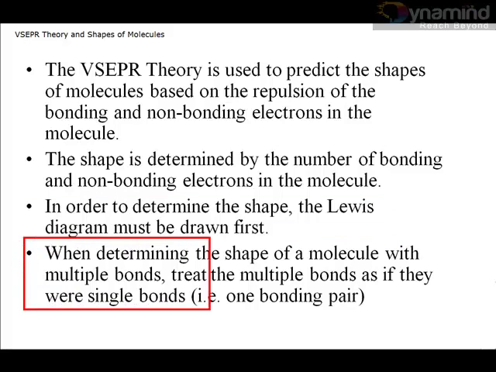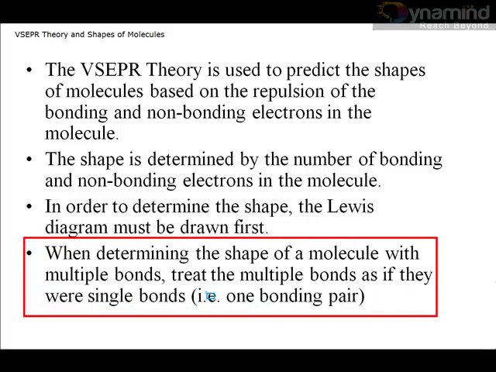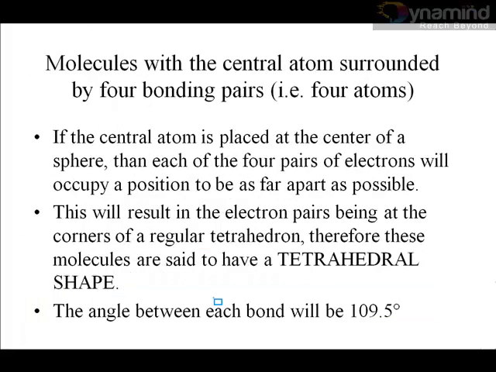And then when determining the shape of a molecule with multiple bonds, treat the multiple bond as if it were a single bond, that is one bonding pair. We start with the central atom surrounded by 4 bonding pairs, that is 4 atoms, for example.